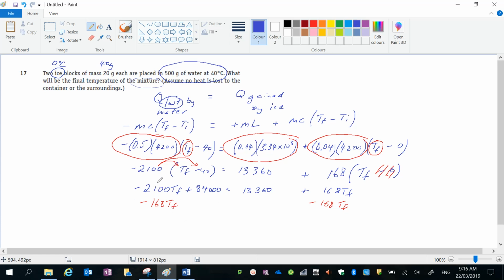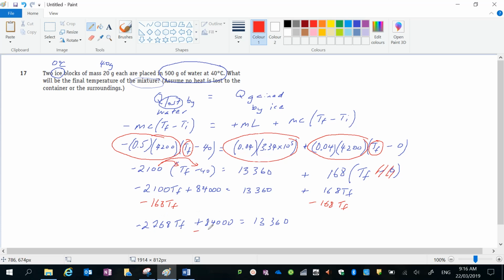That means on the left hand side of the equation, this take away this is negative 2,268 TF plus 84,000 equals 13,360. Now it looks like a normal equation where we've got one unknown and some numbers to get rid of.